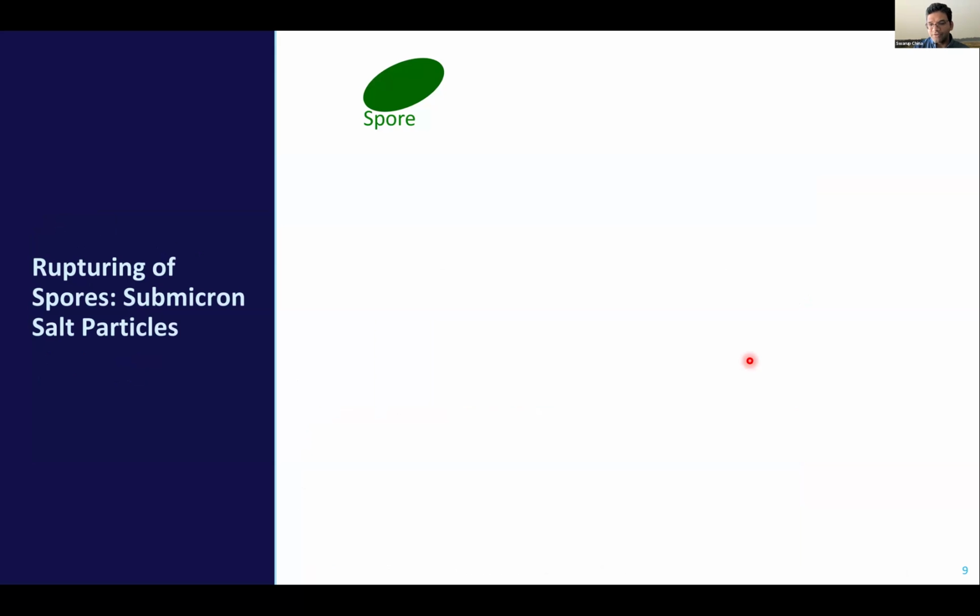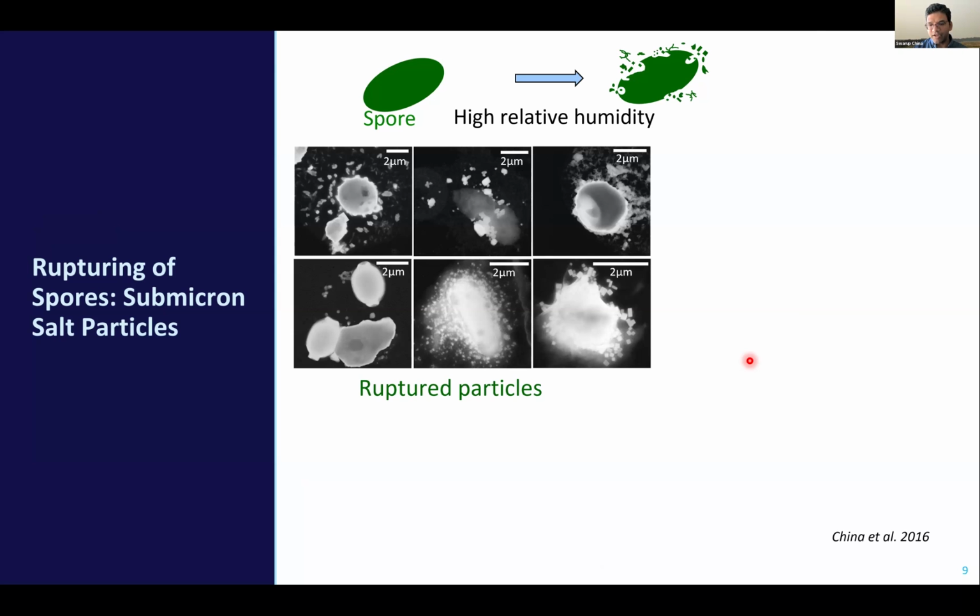I'll keep talking, and the reason behind this is to show the perspective I'll explain in a few minutes: when you keep increasing the humidity, and sometimes you go into this cloud cycle, meaning you increase the humidity, decrease it, and again increase the humidity. Going through these cycles, you see these particles start fragmenting and release tiny particles, which become very important for atmospheric science, because these small particles can travel long distances and stay there for a longer time.